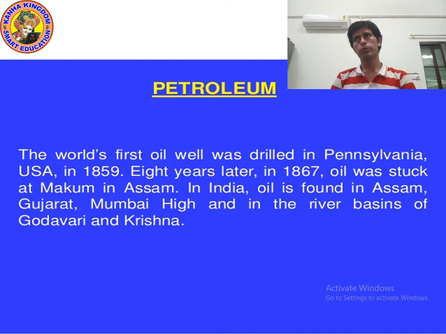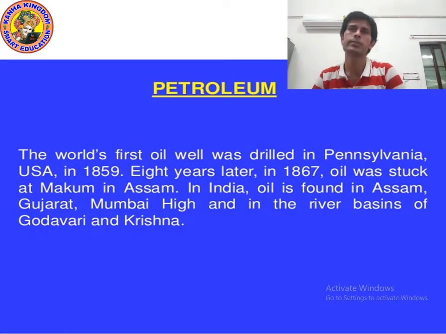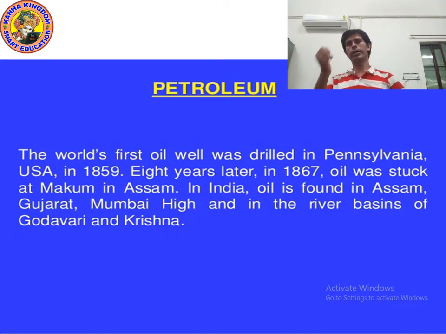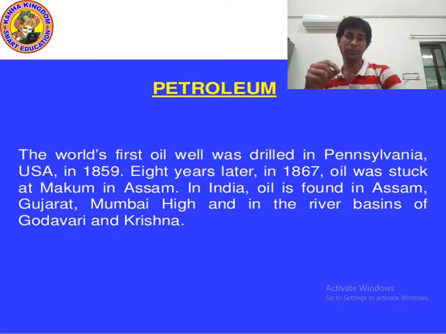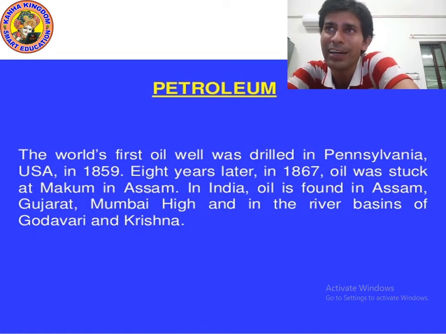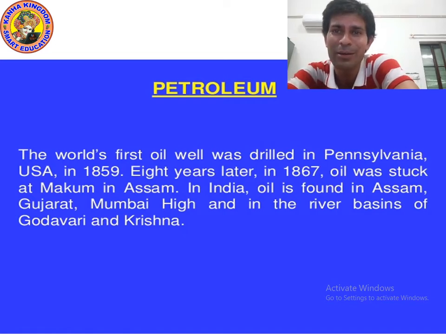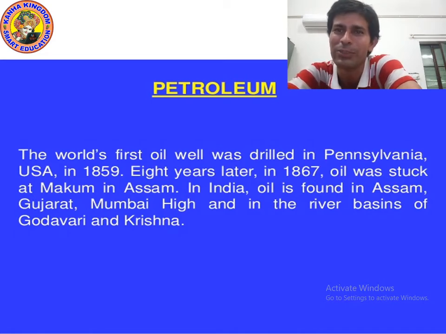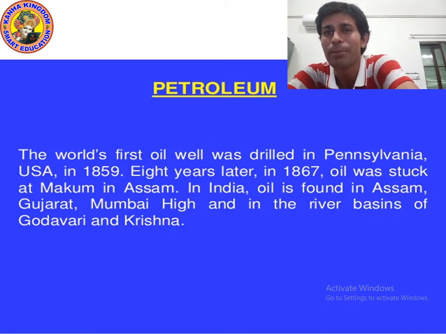So kids, now let's see some facts. The world's first oil well was drilled in Pennsylvania. The word is very confusing, but it is just a state in the United States of America.